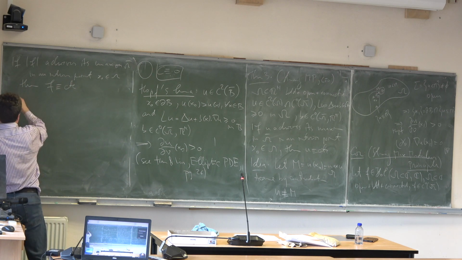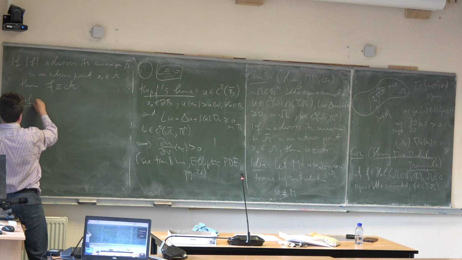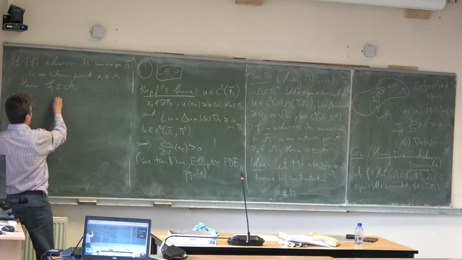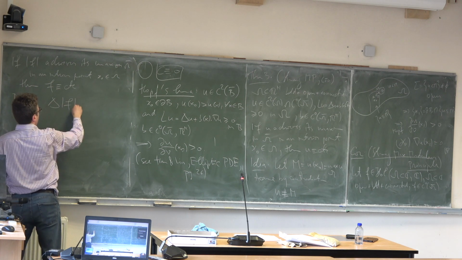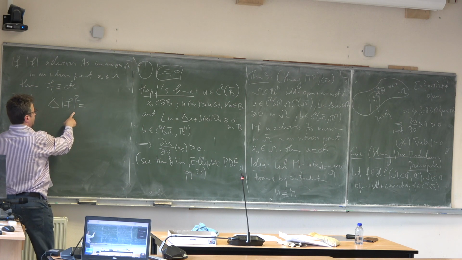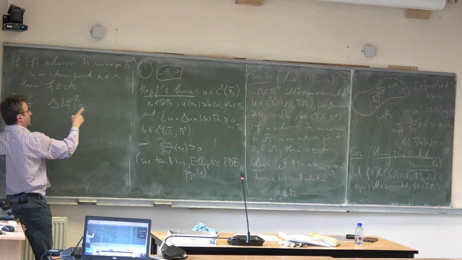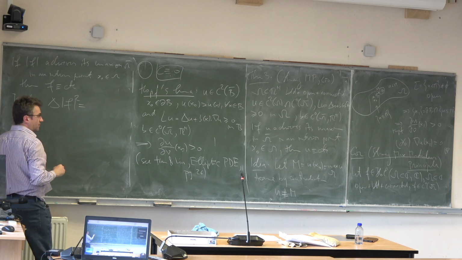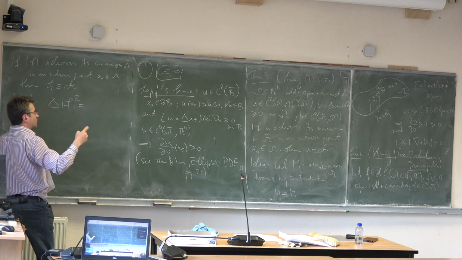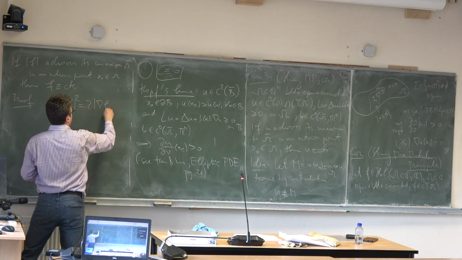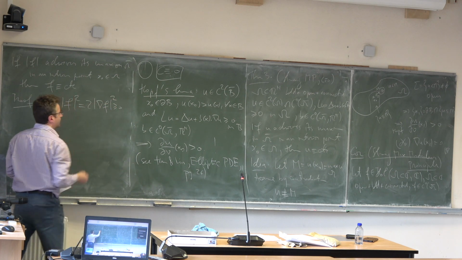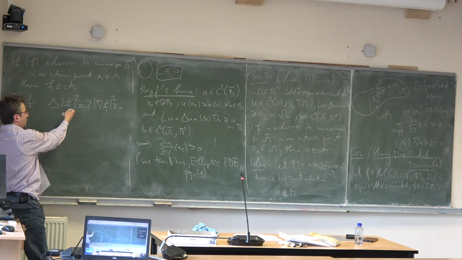So how do you see this? Well, you should just recall that when we compute the Laplacian of |f| squared, that was 2 f dot Laplacian f, which is 0 because f is holomorphic, plus 2 times the gradient of f squared, which is positive. So there we could apply this.